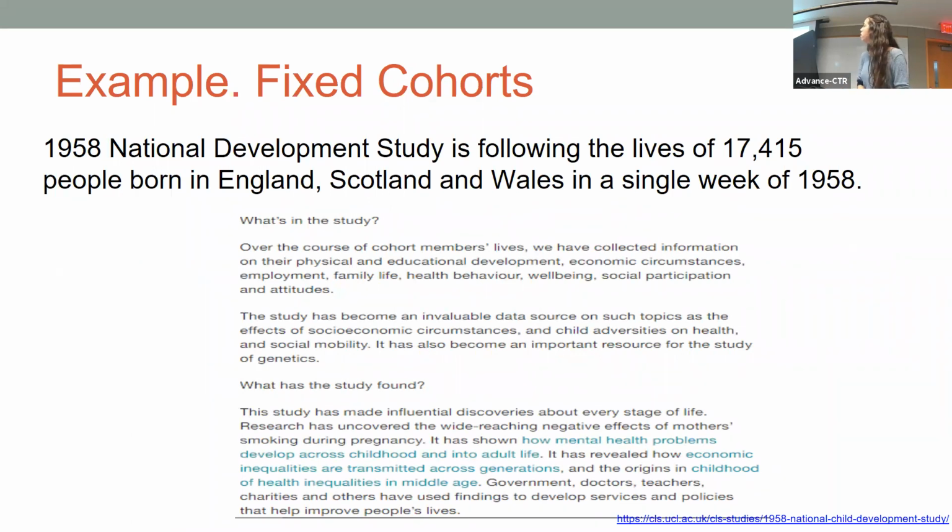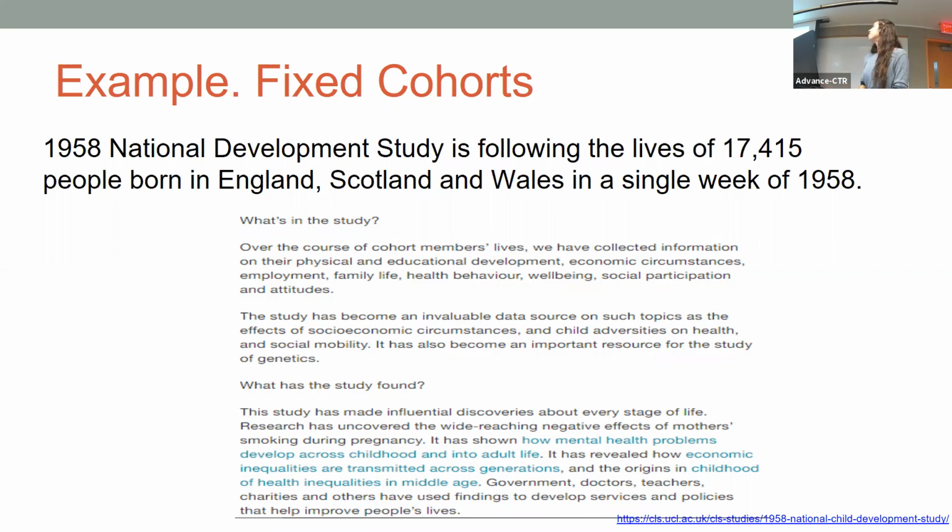There's also many, many studies that have been conducted with fixed cohorts. So one example that I just pulled off the internet is this 1958 National Development Study, where individuals that were born within a week of 1958 in England, Scotland, and Wales were followed pretty much for most of their lives, I think.